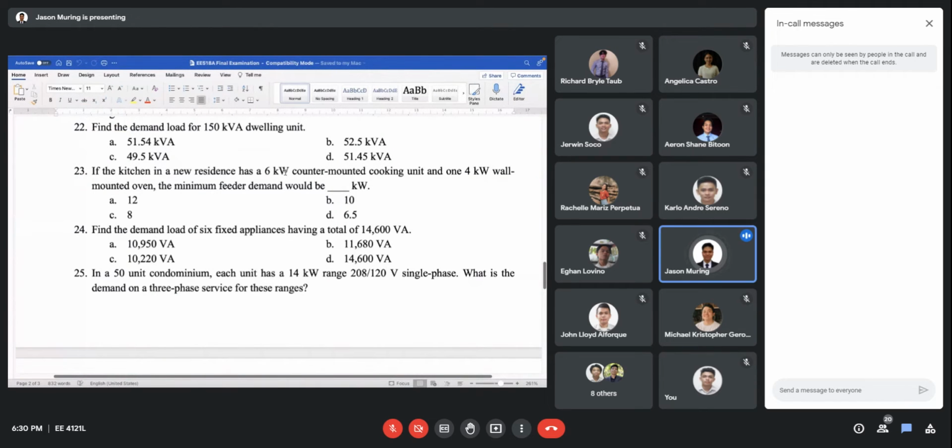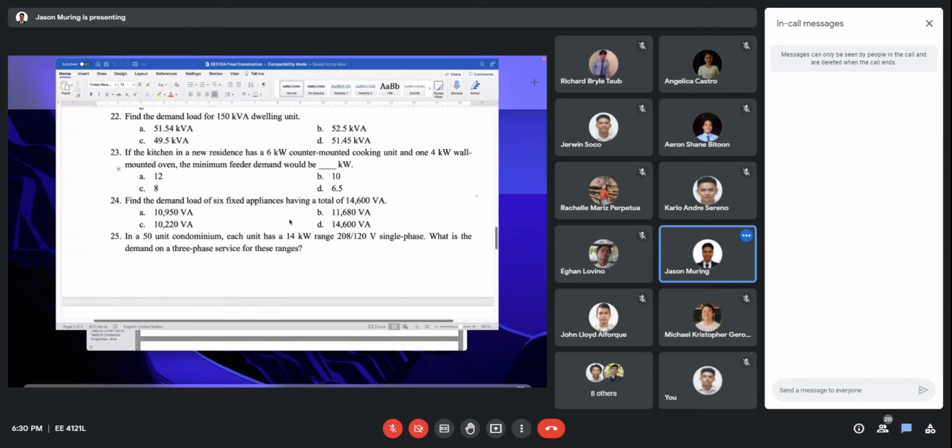So we can assume that this is a single load. Okay, so we just add 6 and 4.